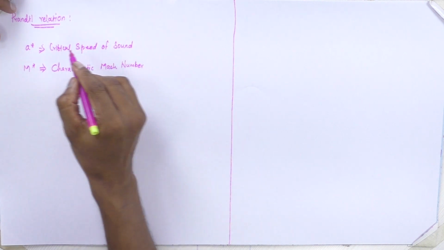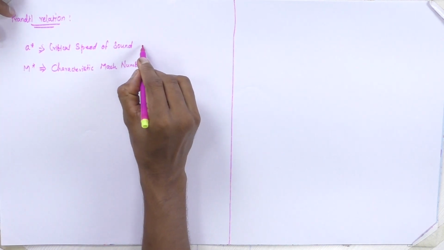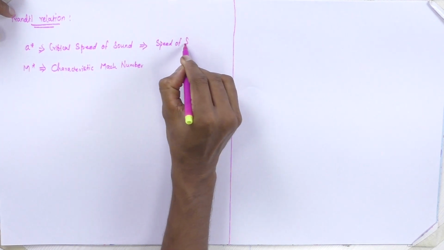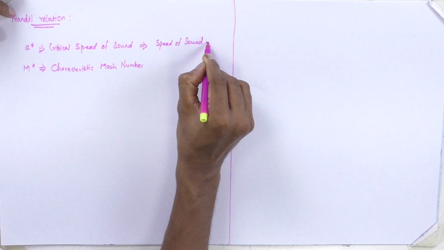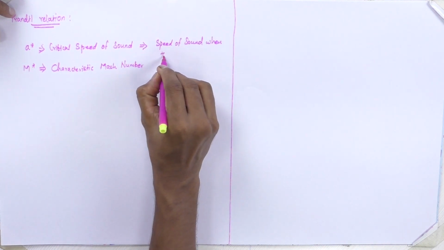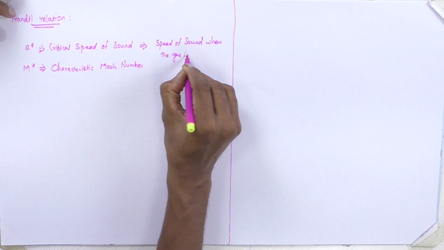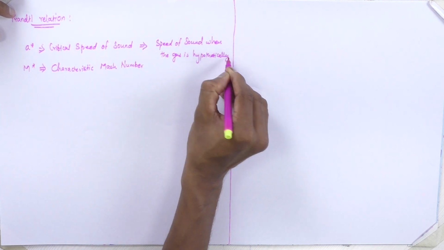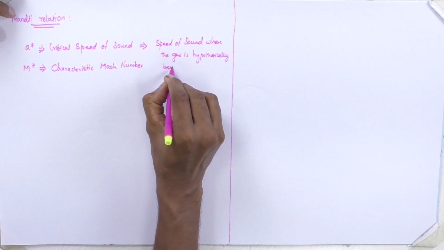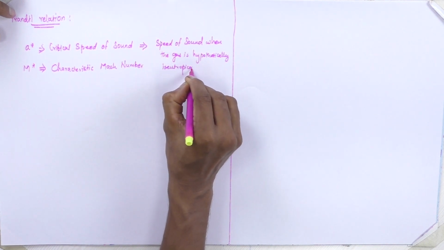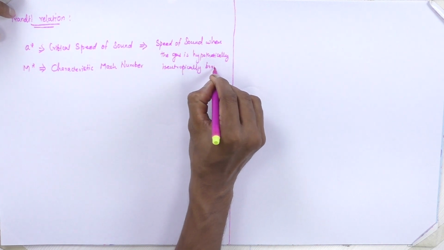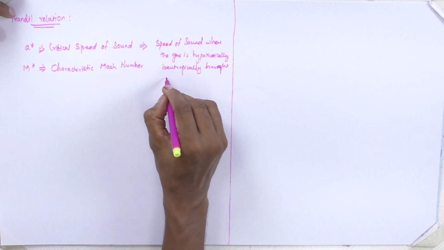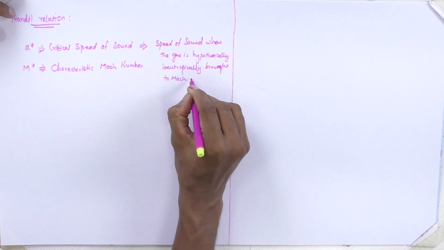He defined critical speed of sound as the speed of sound when the gas is hypothetically isentropically brought to Mach number 1.